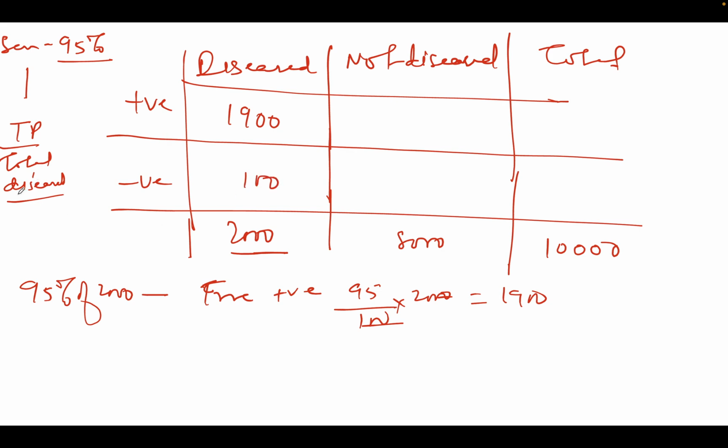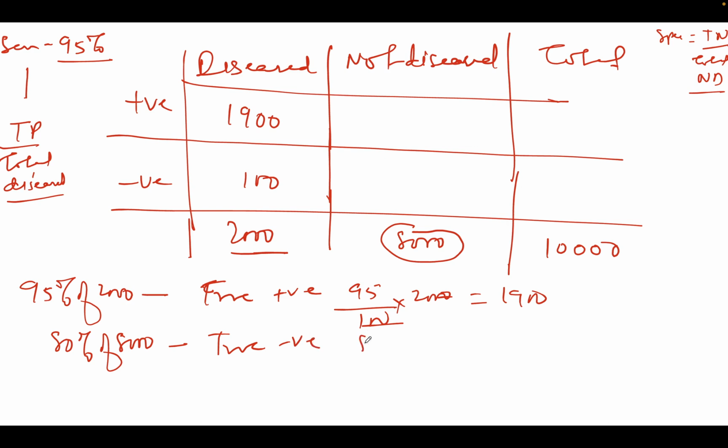Let's go back to the next part of the question. Specificity is 80%. You know what specificity is? I've already said, true negative out of total not diseased. Total not diseased is 8,000. So 80% of 8,000 will be my true negative. 80 by 100 into 8,000 happens to be 6,400.